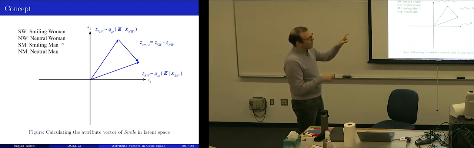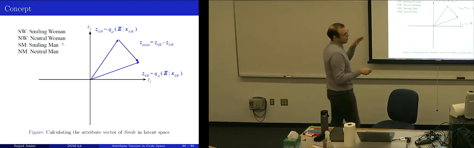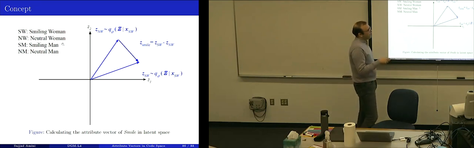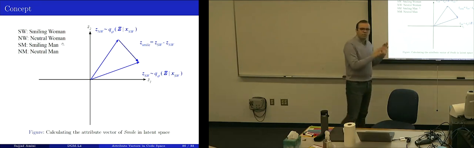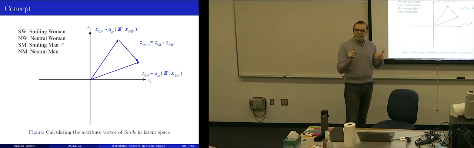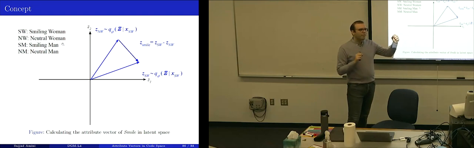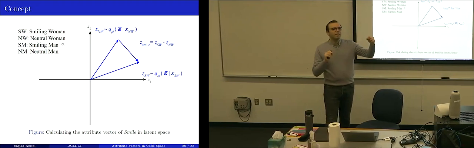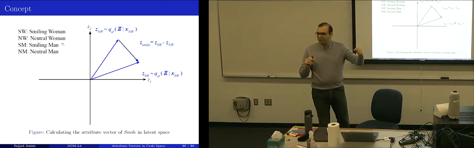In one of them the image is neutral, and in the other it is smiling. So if everything we talk about works, it means that in the latent space the difference is just related to smiling. If I subtract these 2 vectors, I reach the attribute vector of smiling. It means that if I add the smiling vector to any neutral image, then I have a smiling version of that image, hopefully, if the VAE is working.